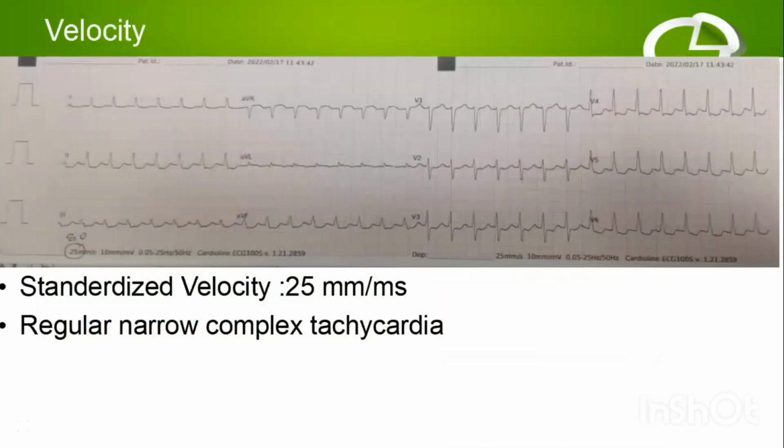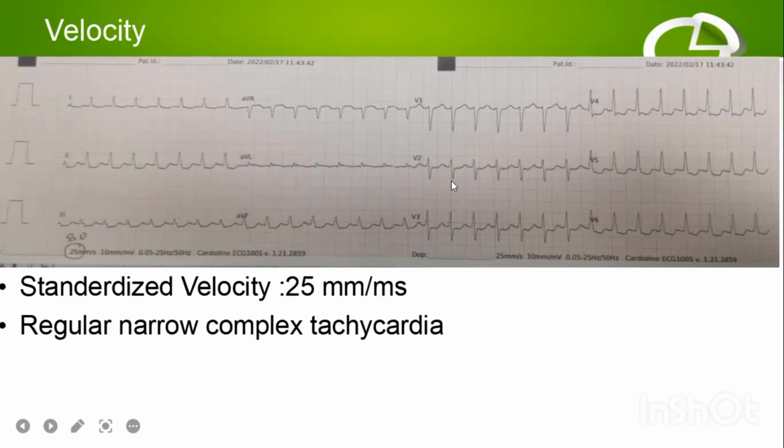The next slide, velocity. We know that standardized velocity is 25 millimeters per second. In this ECG, the velocity in this paper is 25 millimeters, and the QRS or RR interval here by look is a tachycardia, and by look it is narrow complex, so regular narrow complex tachycardia. In this patient, we see QRS and a wave in between, mostly T wave.